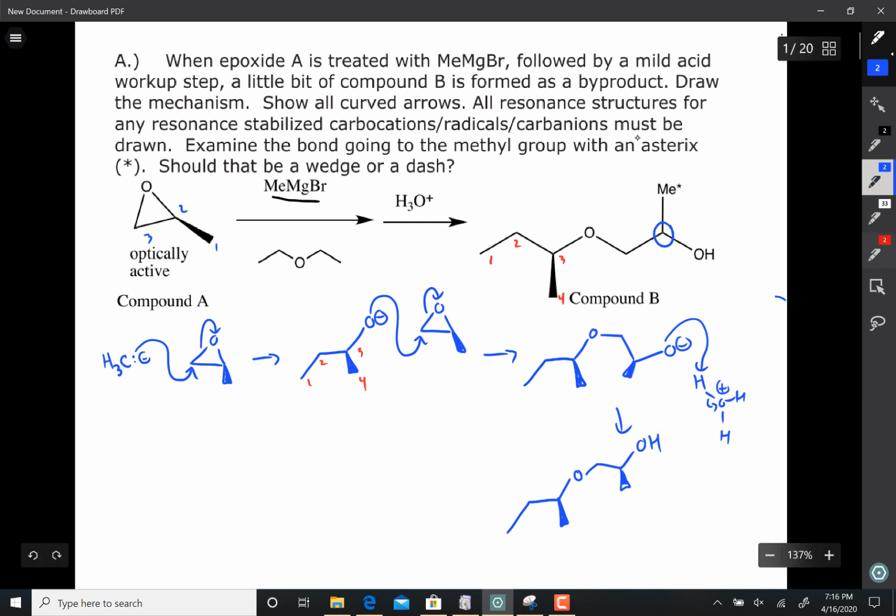That carbon right there, this carbon, 1, 2, 3, it's an S chiral center. And so in order for this molecule up here to be an S chiral center, that's 1, that's 2, that's 3. The hydrogen has to be a wedge coming towards you. That means the methyl group, therefore, needs to be a dash.